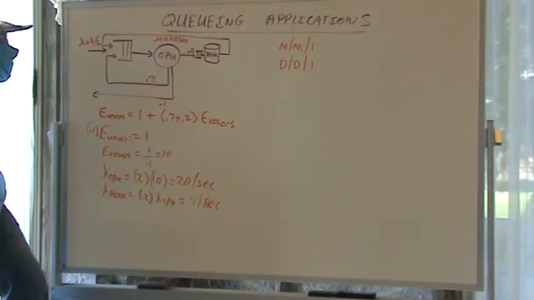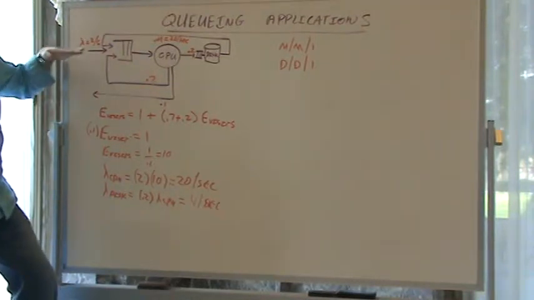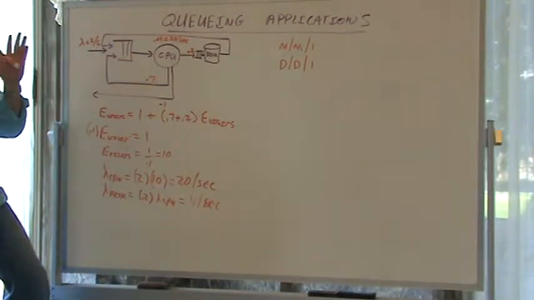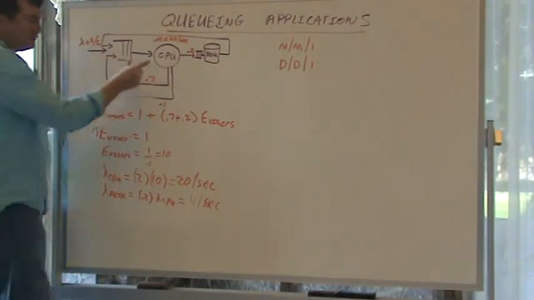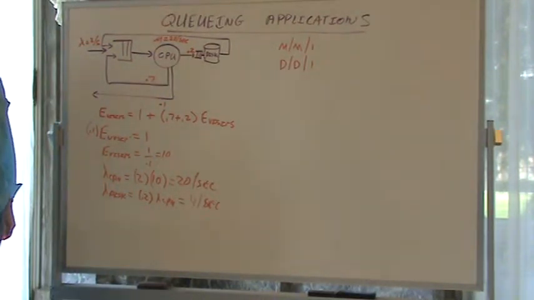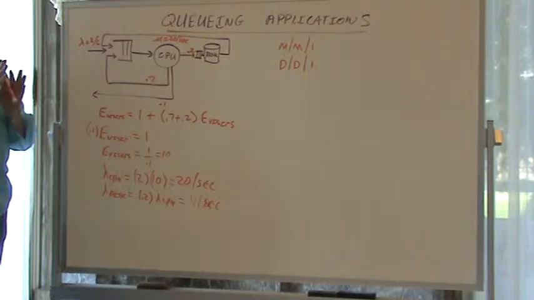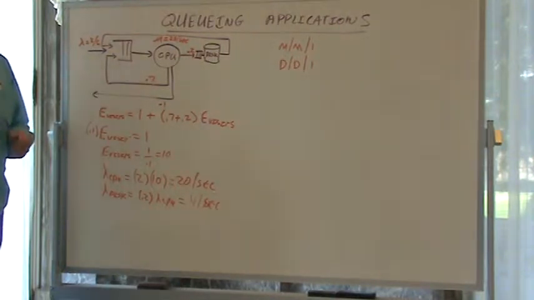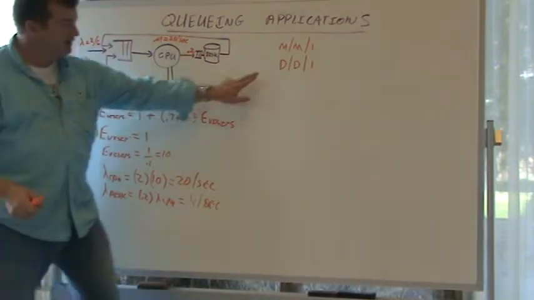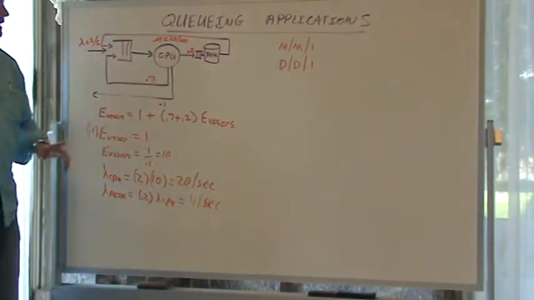Suppose we had every arrival come in exactly 1/20th of a second apart, perfectly scheduled. And this thing not only services them at a rate of 20 per second, but they all take exactly 1/20th of a second, exactly. Not that one takes a long time and one is very short. That would be a D/D/1 queue.